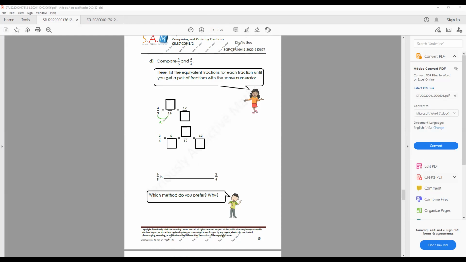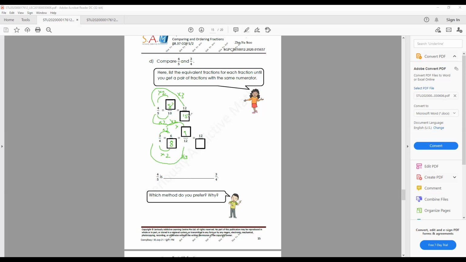So 4/5: 4 times 2 gives you 8, but if I want to make it into 12, that's possible as well. Times 3, 12 out of 15. All right, what about 3/4? Times 2, 6 out of 8. Times 3, 9 out of 12.